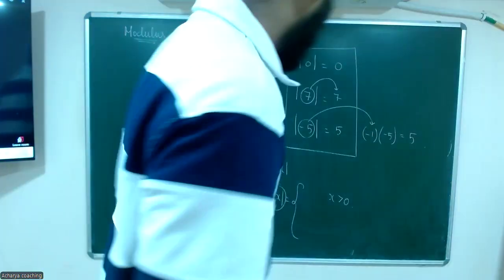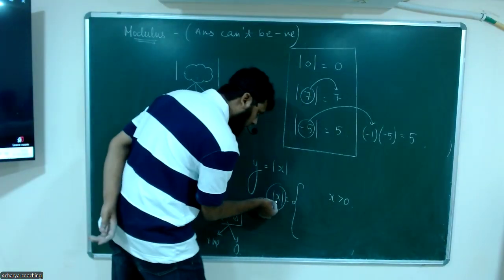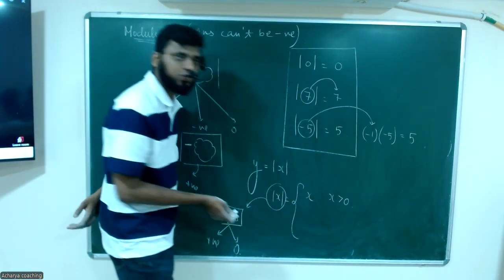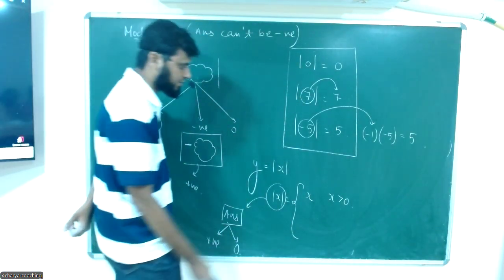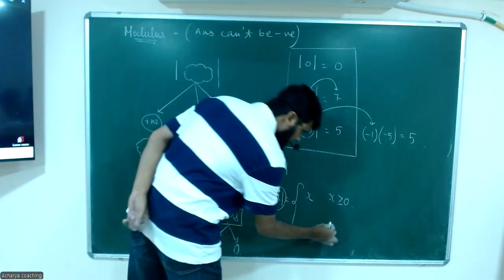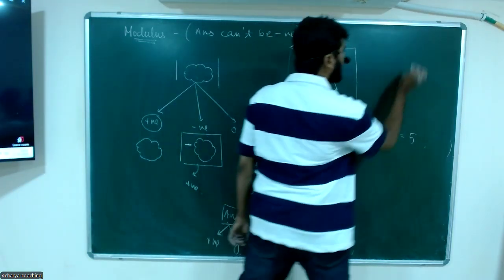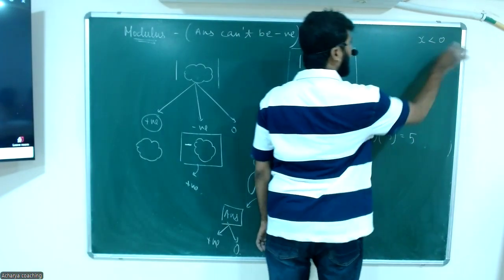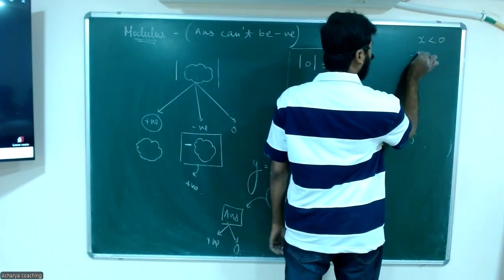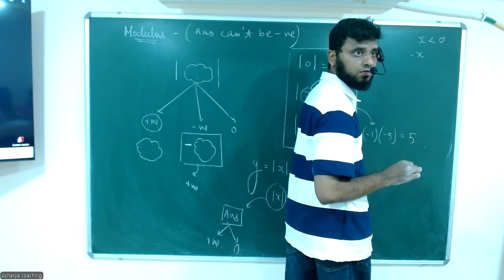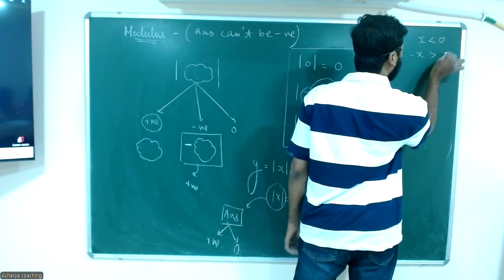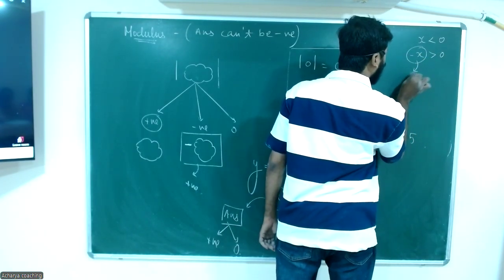Okay. So if x is greater than 0, whatever is inside mod is already positive, so directly we can write x. I can include greater than or equal to 0 also. See here, if x is less than 0 and I multiply with the negative sign, the sign of inequality will be reversed, so this will be greater than 0. Minus x is positive or not now?